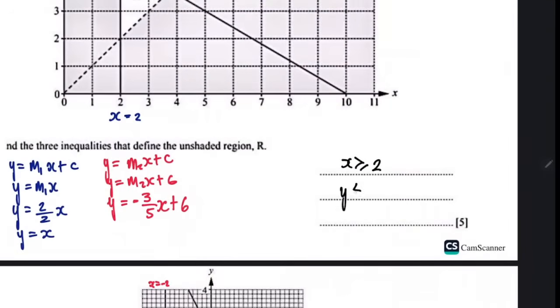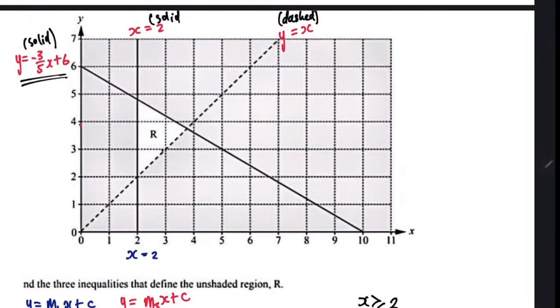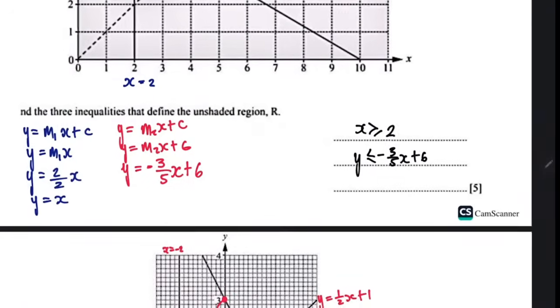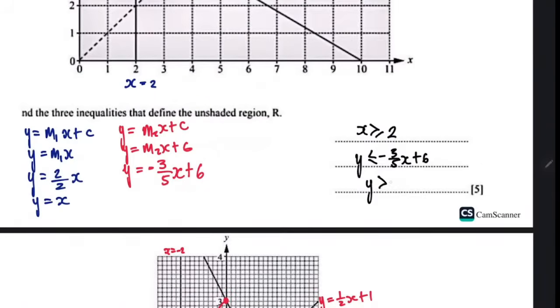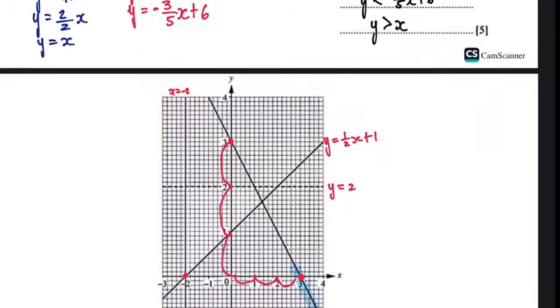Y is less than or equal to negative 3 over 5x plus 6. Here it's above the line y equal to x. It's above it. And the line y equal to x is dashed, so it's just y greater than x. You don't put or equal to. When the region is above, that's why we said you put y is greater than.